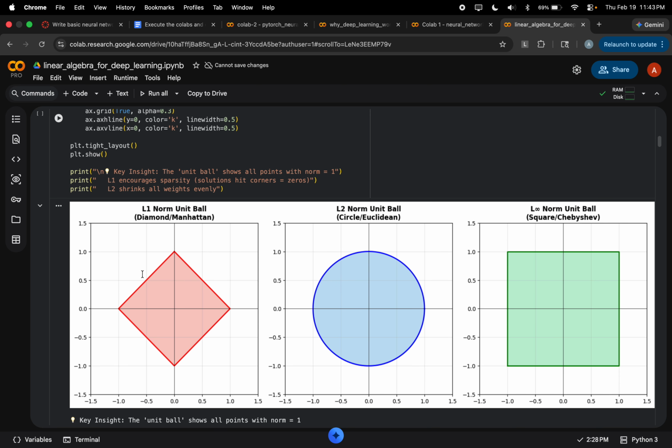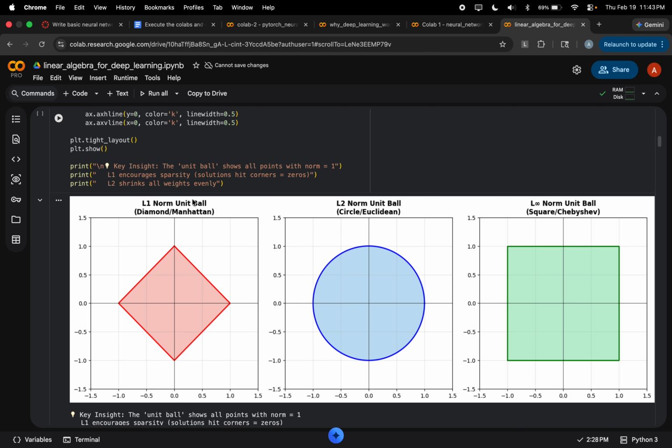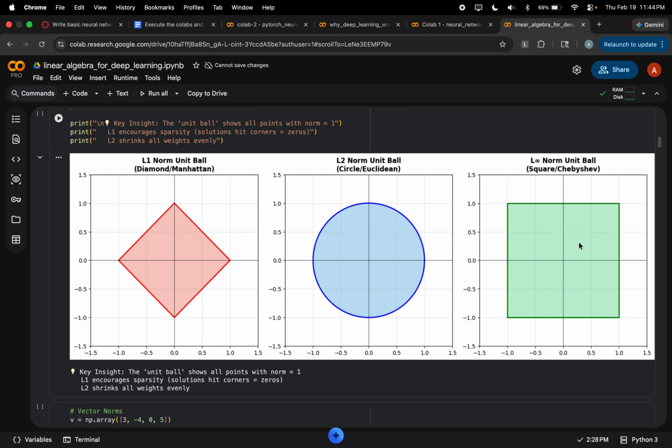Now, there are different norms which we can use. The first one is L1 norm, which uses Manhattan distance, and there is L2 norm which uses the Euclidean distance, and then we have L infinity norm which uses the Chebyshev. The shaded area is the unit ball.